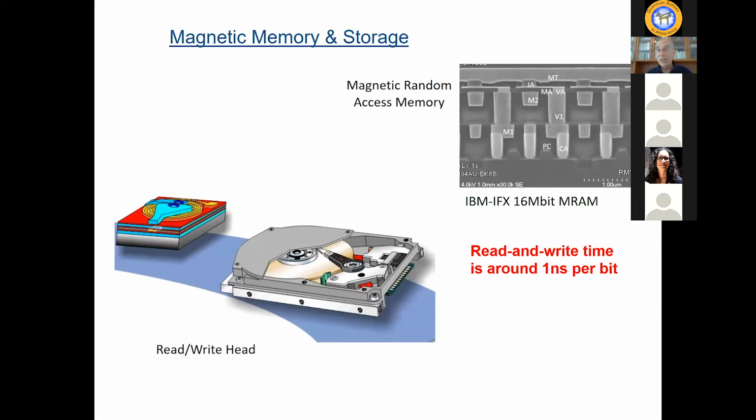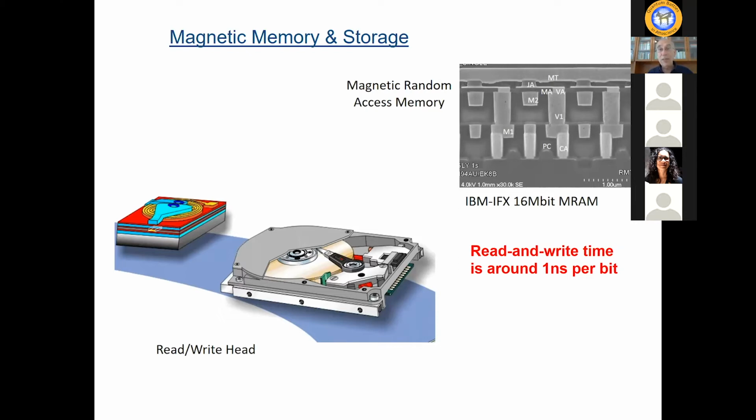So the motivation is to make memory devices and storage devices faster. Typical magnetic random access memory, as well as the magnetic hard drives, work on a time scale of around 1 nanosecond per bit.